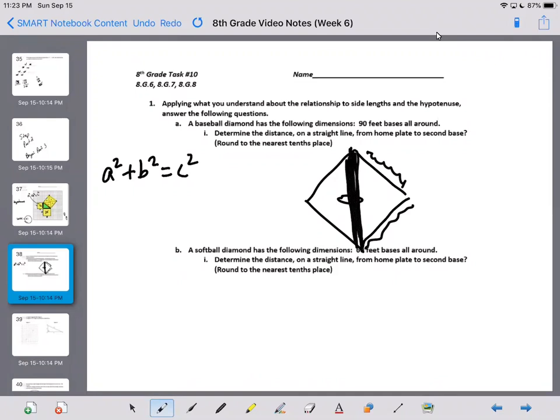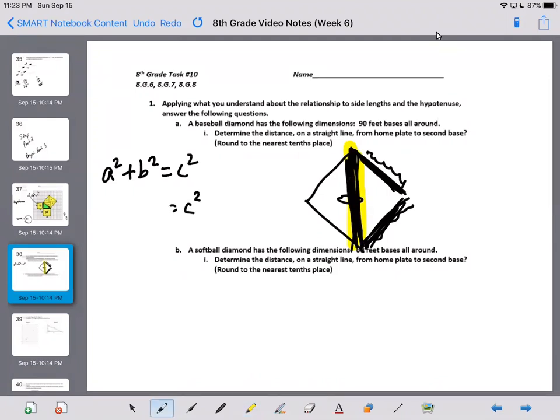And so what I've created is this right triangle. The distances around the bases are 90 feet when we're dealing with baseball. If I want to figure out the distance from home to second, then I'm solving for c squared.